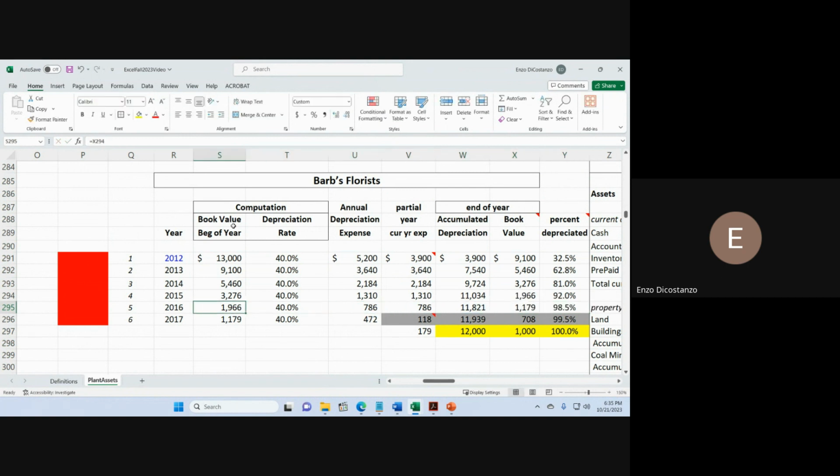Now, the partial last year, the book is 1,179. So you should be taking off 472. 472 is partial, okay, which only gives you 118, but you need 179, right? You want to get to 1,000 here. Okay, you want to get to 1,000 right there.